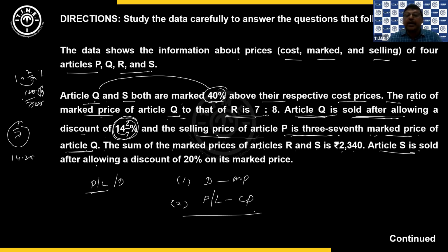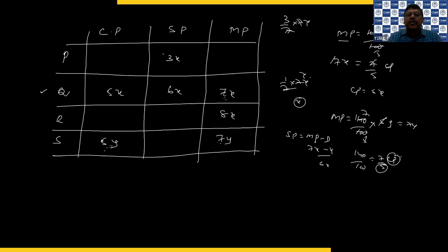The sum of the market prices of the articles R and S is 2340. So 8x plus 7y together will be 2340. Right? This is one piece of information I have.